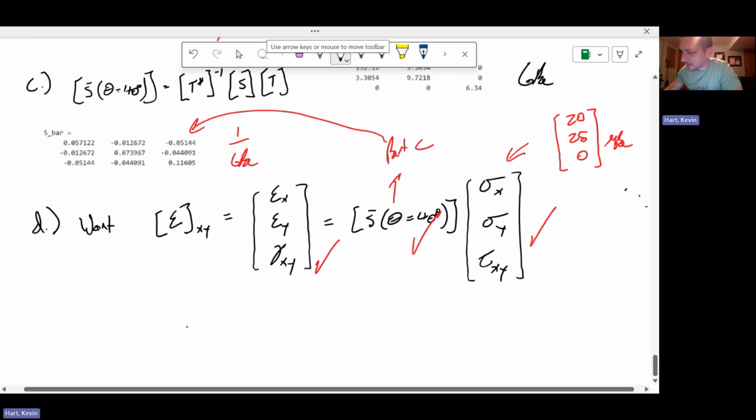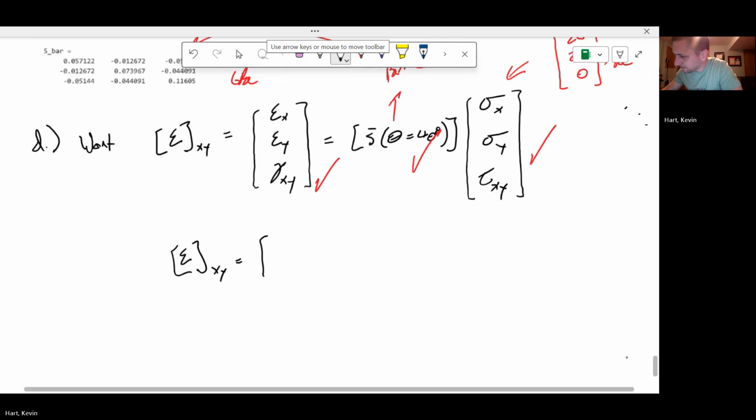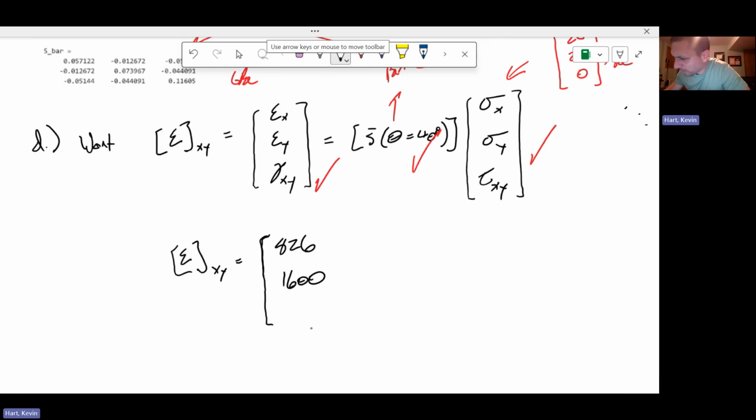If you calculate this, you will get the following: 826 microstrain, 1,600 microstrain, and negative 2130. And this is all microstrain units. All right, so that's part D. It's loading off axis to understand what the strain is off axis.